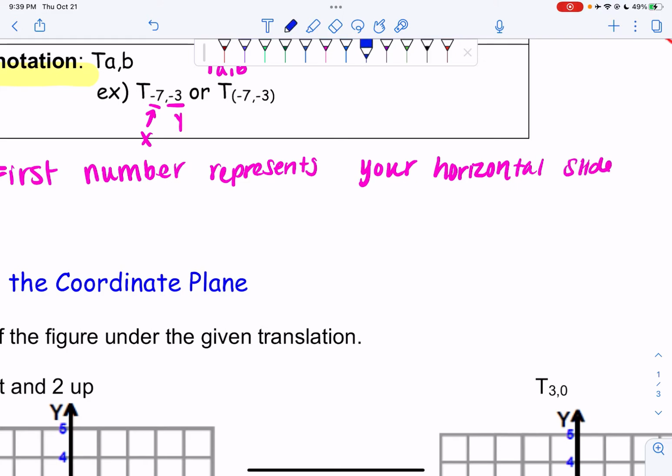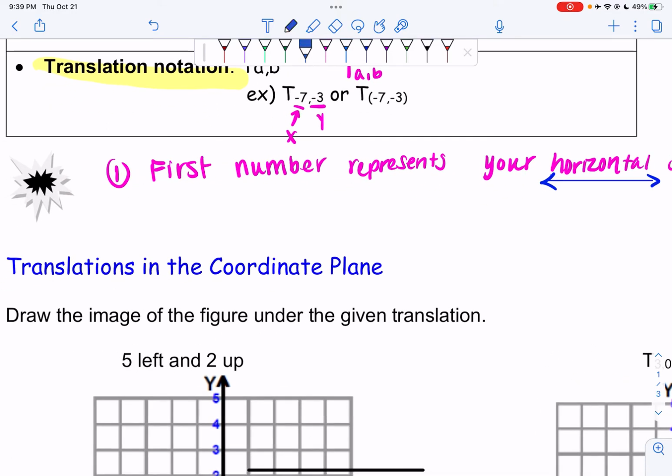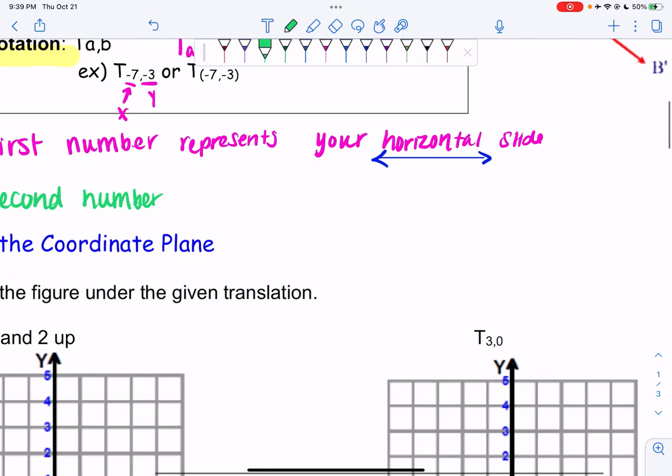When I say horizontal, I mean this direction. So going left or right. And then the second number represents your vertical slide.